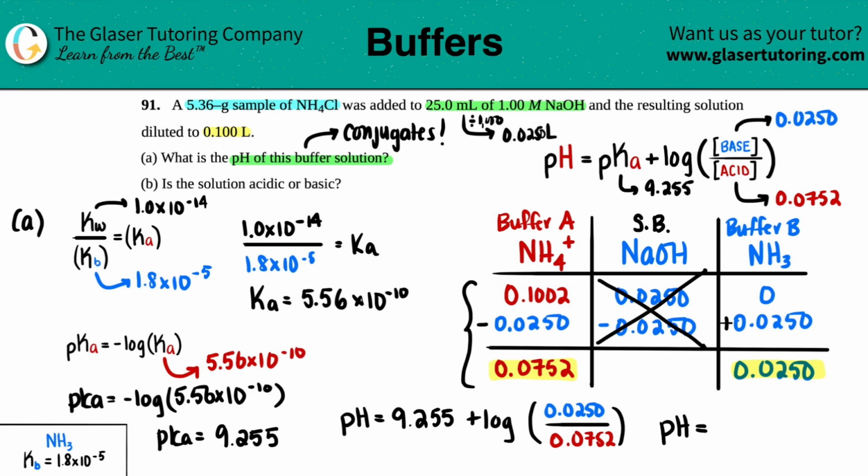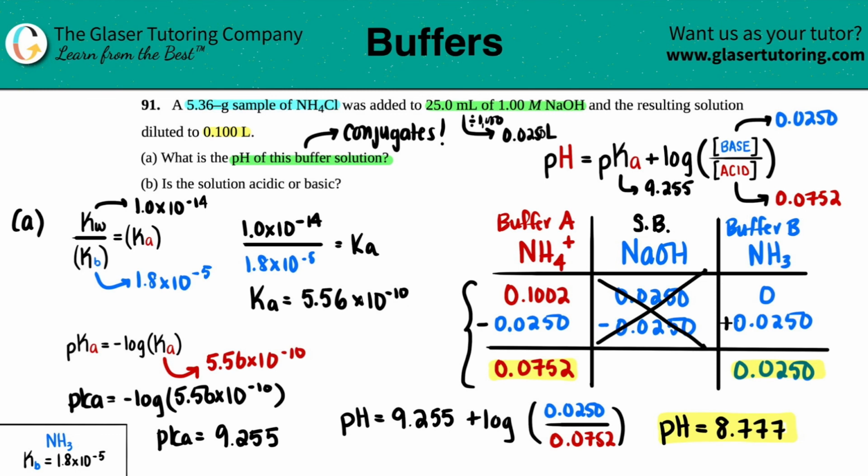Okay, and then we're going to add that to 9.255. And let's see, 3 sig figs all around. With pH values, technically that's the total after the decimal. So it'd be 8.777. Yeah, that's it. Just checking for rounding. But that's the pH. So it's 8.777.